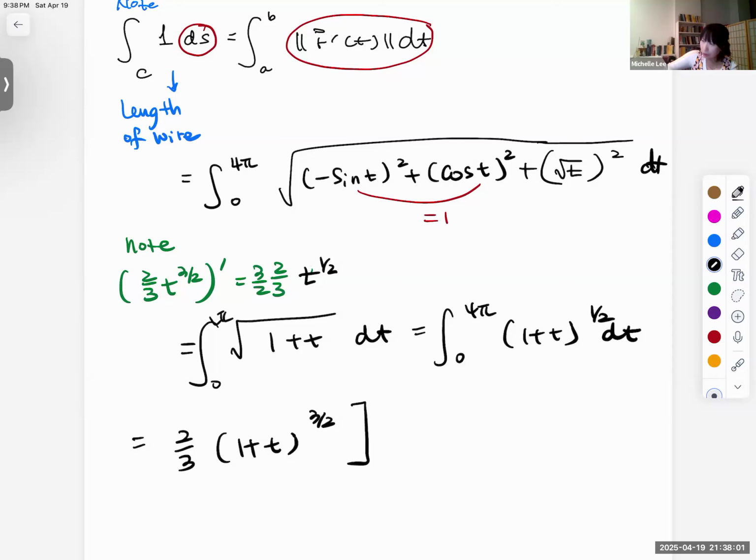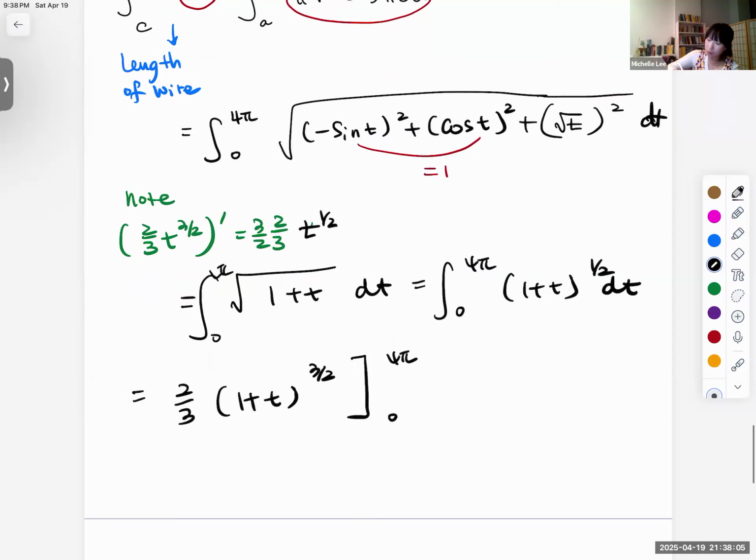And then we want to evaluate from 0 to 4 pi. So that will be 2/3 times 1 plus 4 pi to the 3 over 2, minus 1 to the 3 over 2, right? So there is a 1.